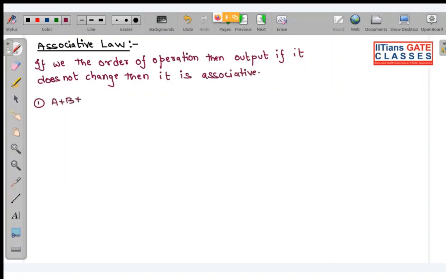A plus B plus C, if I put bracket over here, this is equal to A plus B plus C. Okay, so this means what?